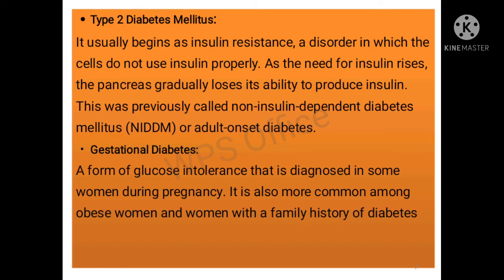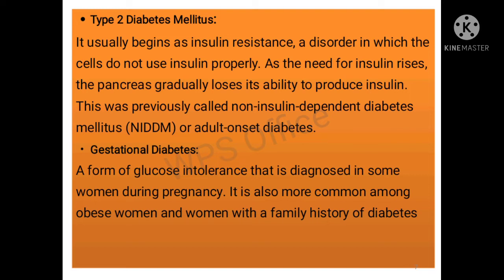Then type 2 diabetes mellitus, which is the most common one, usually begins as insulin resistance, a disorder in which the cells do not use insulin properly. The insulin is produced inside our body, but the body is not able to utilize it.